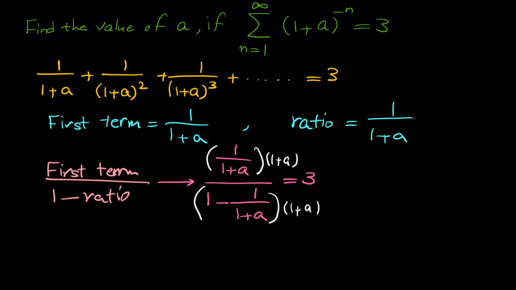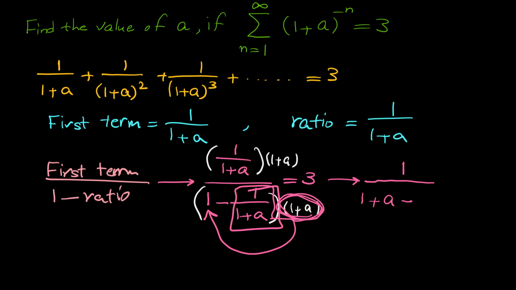What happens if we do this? By multiplying the numerator by this, 1 plus a with 1 plus a cancels, and we only have a 1 in the numerator. So from the numerator we have only a 1, all over 1 plus a times 1, which is 1 plus a, minus 1 plus a times this fraction.